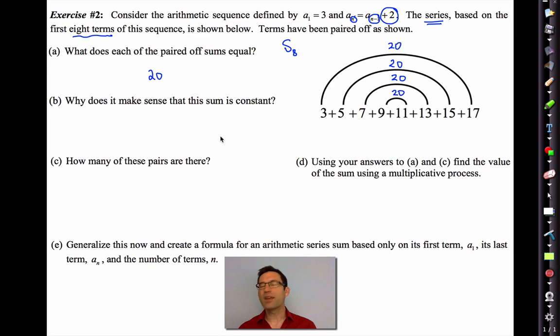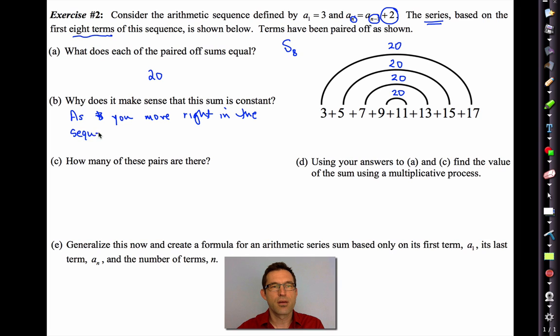All right. Well, it's maybe a little bit hard to even verbalize this, but I would probably say something like this. As you move right in the sequence, you add 2. But as you move left, you subtract 2.